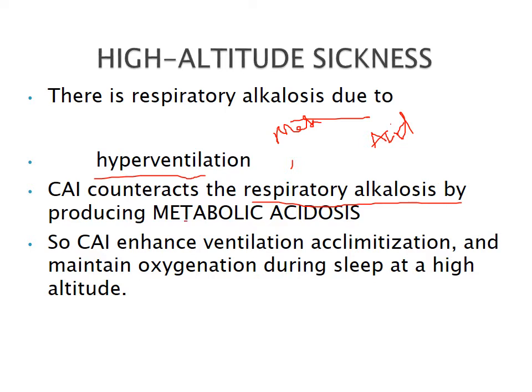Carbonic anhydrase inhibitors enhance ventilation, acclimation, and maintain oxygen during sleep at high altitude. They are basically causing an acidosis by removing the excess bicarbonate, so they are beneficial at high mountain altitude.